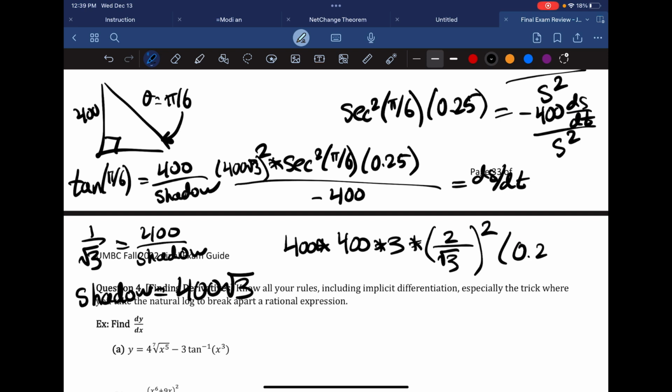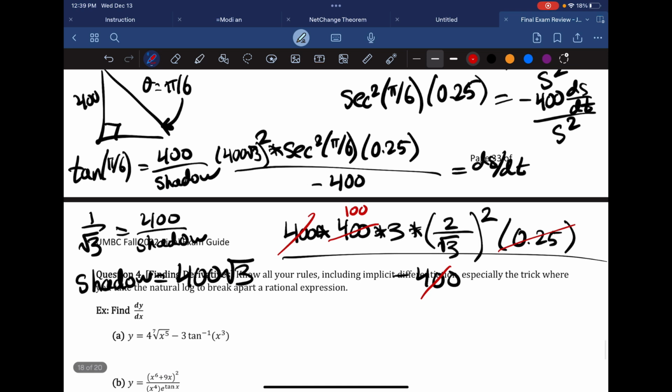Times 0.25 or 1/4, divided by negative 400. So you could say one of these 400s cancels with one of these 400s. You could take this 1/4 and make this 400 a 100. And for this, you could make the top a 4, and that bottom just becomes a 3 instead of a root 3.